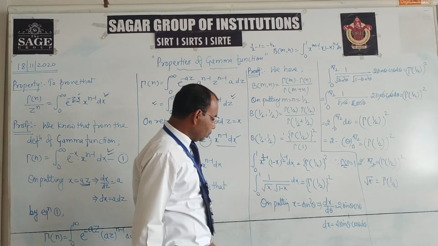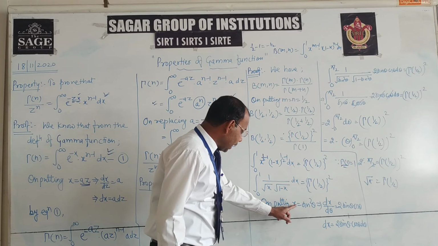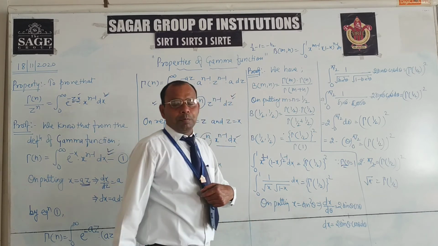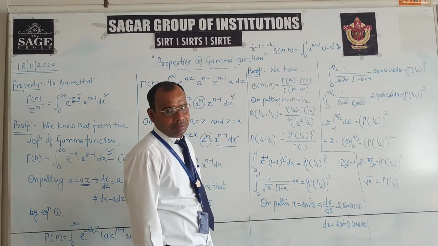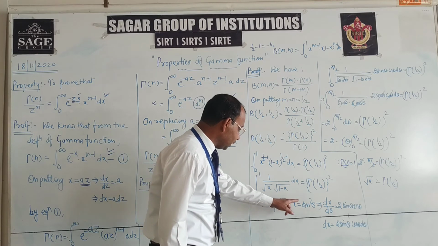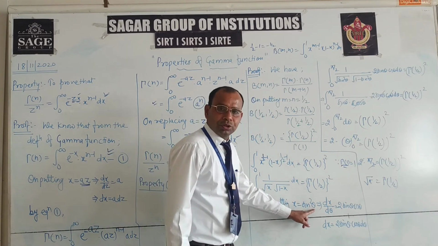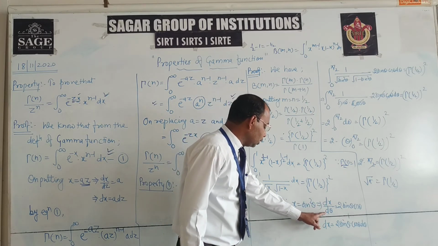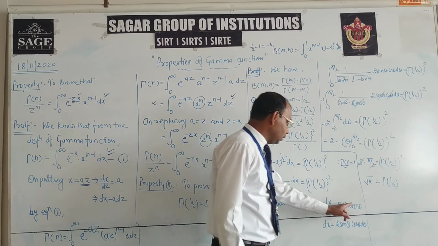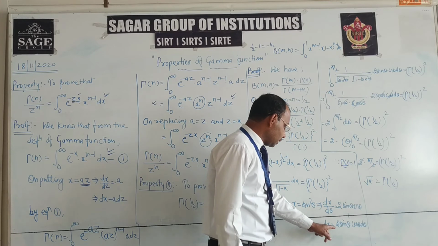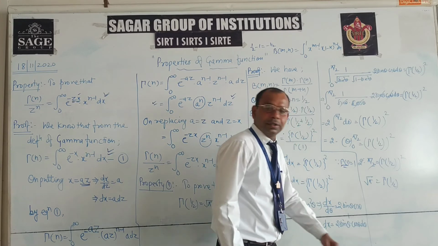Now on putting x equal to sine square theta, using a trigonometrical substitution, the variable x changes to theta. So dx upon d theta equal to 2 sine theta cos theta, therefore dx equal to 2 sine theta cos theta d theta.